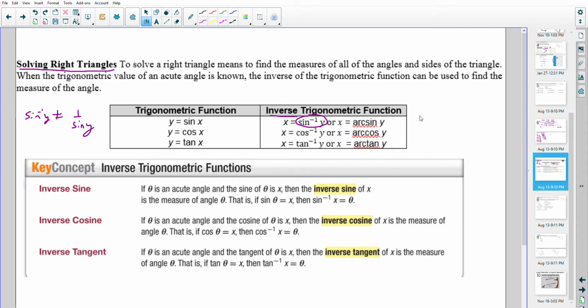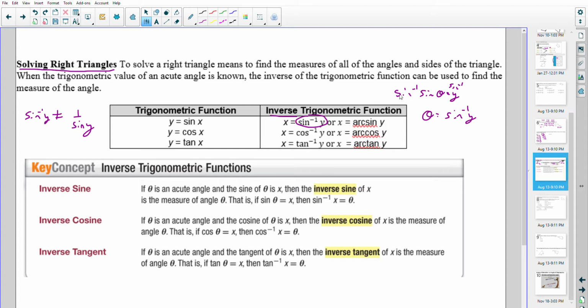Second of all, the way to get from the sine of theta is equal to y to the inverse is you could take the inverse function of both sides actually. And when you do that, you're going to get theta is equal to the sine inverse of y.